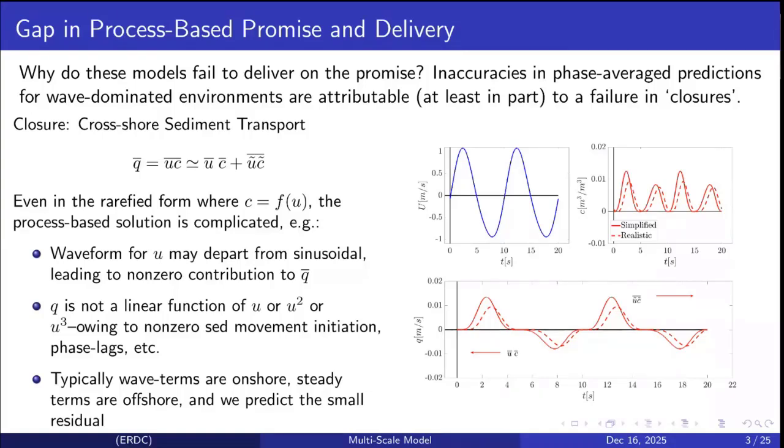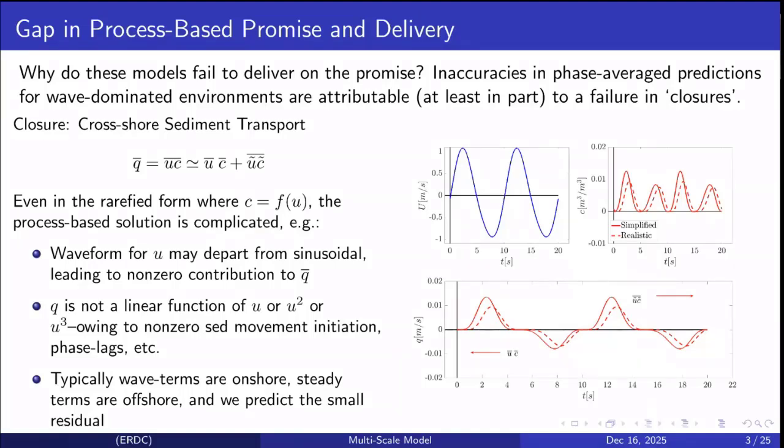The second way that the problem is complicated is that Q isn't necessarily a linear function of U, or U squared or U cubed. For instance, you may have sediment initiation that's based on a Shields parameter, or you could have phase lags in the concentration relative to the forcing that may go like U cubed.